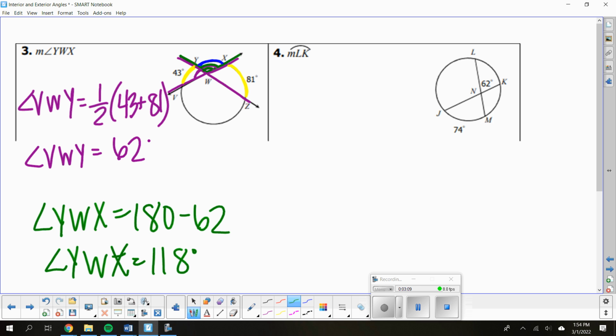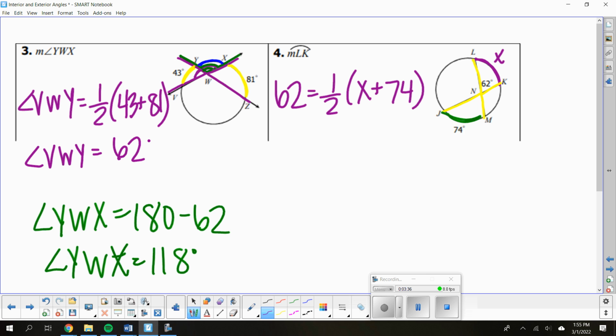Alright, let's look at number 4. I'm asked to find arc LK. If I trace it back down, that traces to angle LNK. And if I look at my vertical angle, I also have the arc on the other side. This is a little bit different because we are asked to find the purple arc. Your angle is equal to half your two arcs added together.